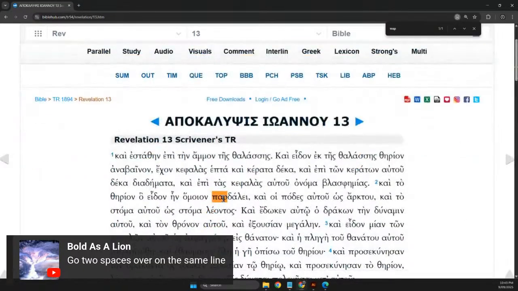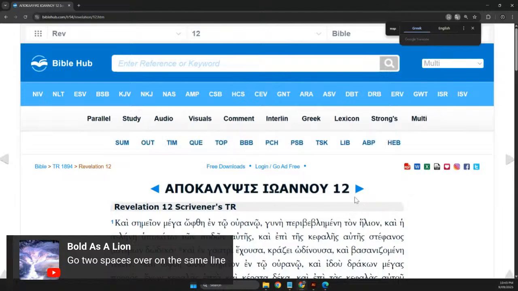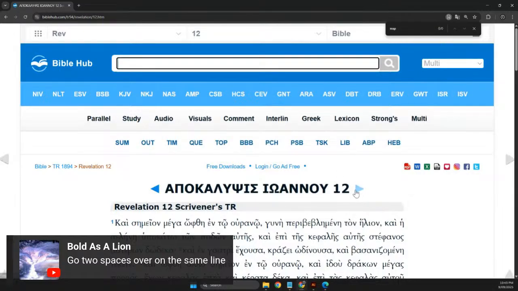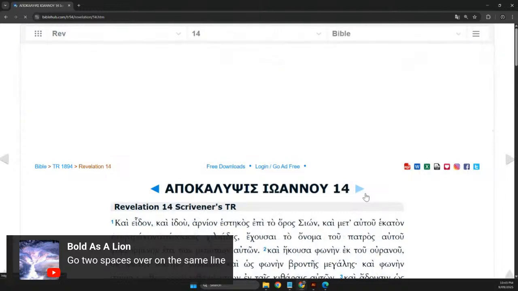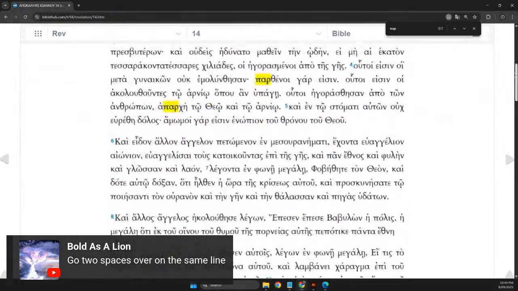Okay, so I'll go to the chapter before and the chapter after. So we'll just check those out. Okay, so it doesn't appear in chapter 12. But in 14, it appears twice. Okay.